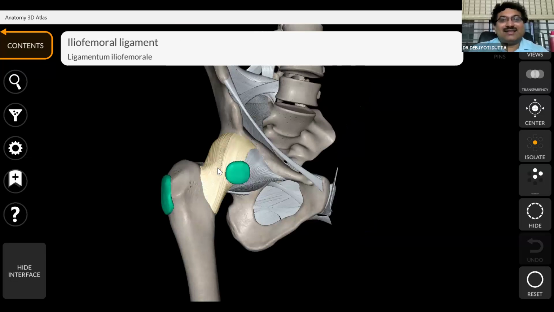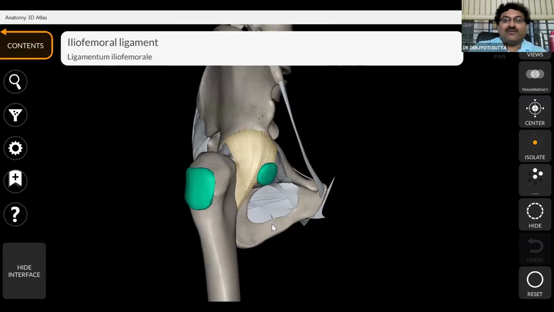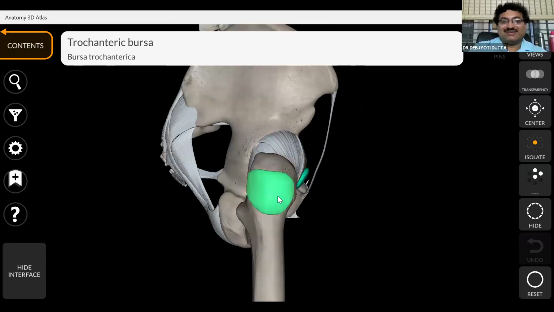Now, here is the iliofemoral ligament and we have the pubofemoral ligament. They are actually reinforcing the capsule and forming a bond between the femur and the ilium. Now, as we have learned the ligament part, we have a few important bursas.